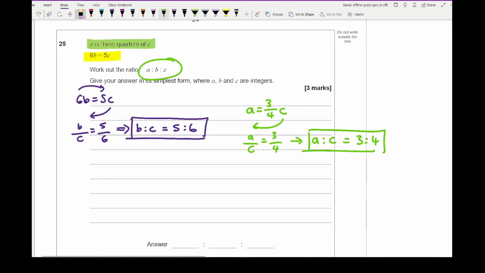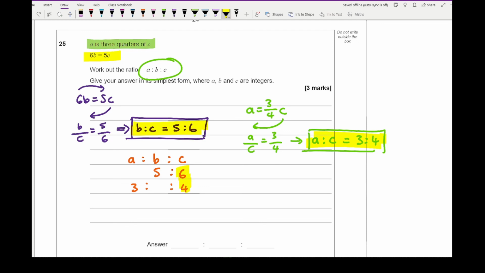Now from this, all we need to do is combine these two ratios together. If I start by writing A to B to C, then we use the first ratio of 5 to 6 and the second ratio of 3 to 4. What you can see is we've got a value of C for both of those.